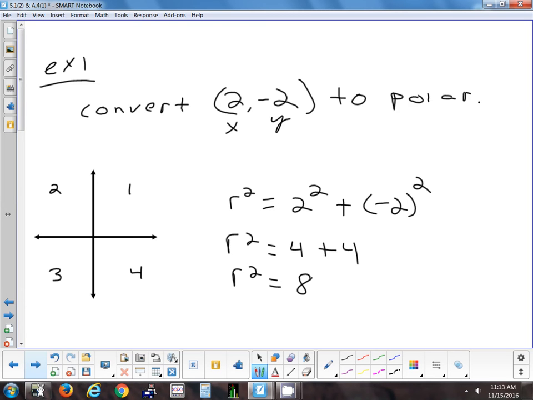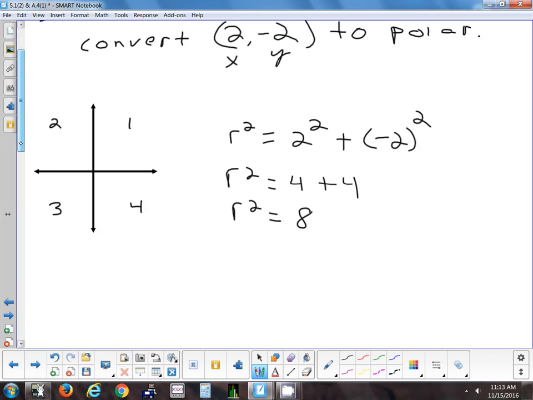And how about Jesse? How do I get r by itself? Square root. Take the square root. Okay, and we've talked a little bit about reducing square roots when we did unit circle trig and the distance formula. How does the square root of 8 reduce? 2 square roots of 2. Yeah, I will be looking for that step we just did.